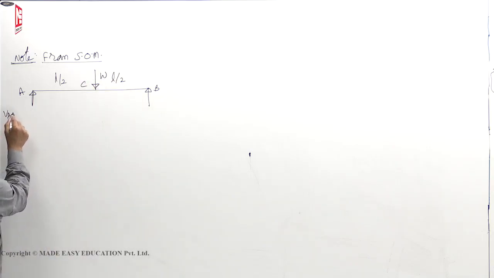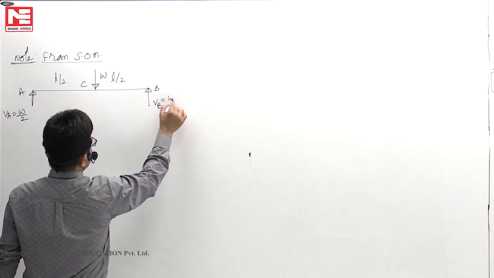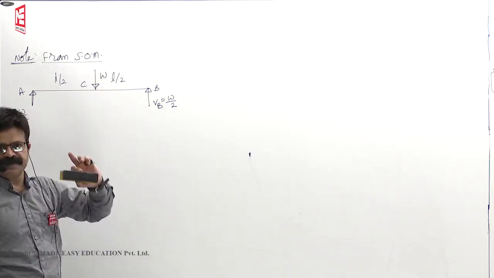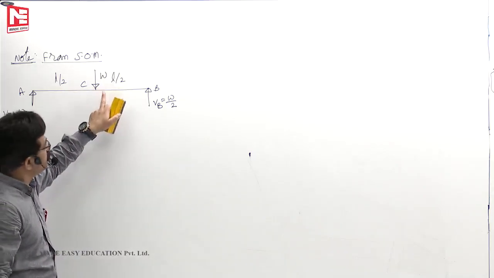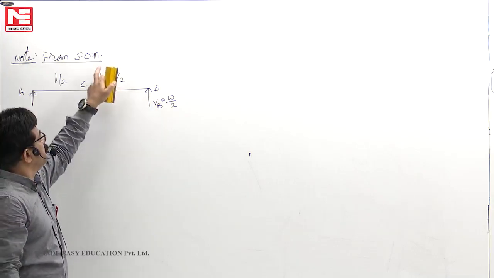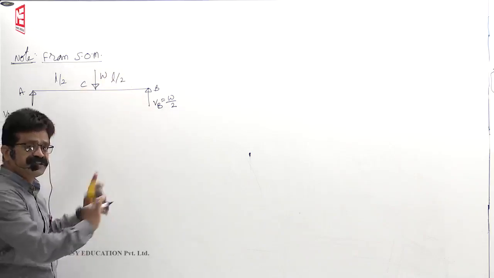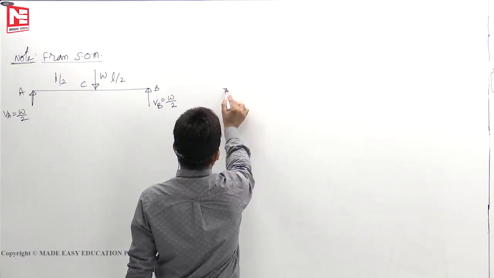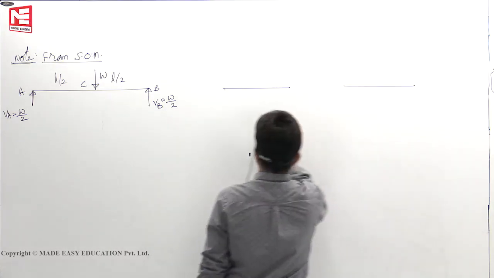Now we know VA is W by 2, VB is also W by 2. I want to draw free body diagram of AC and CB. Then when you are drawing free body diagram of AC or free body diagram of CB, W should not be kept on any free body diagram because W is shared by two members. This is what you have done. AB, BC.